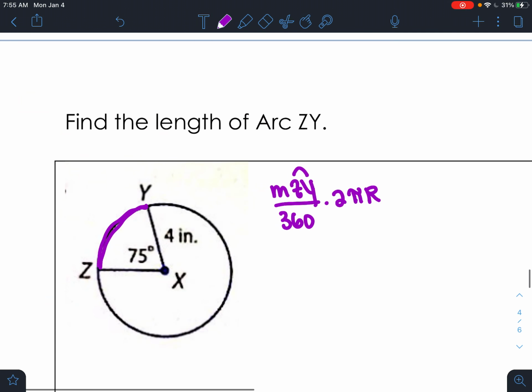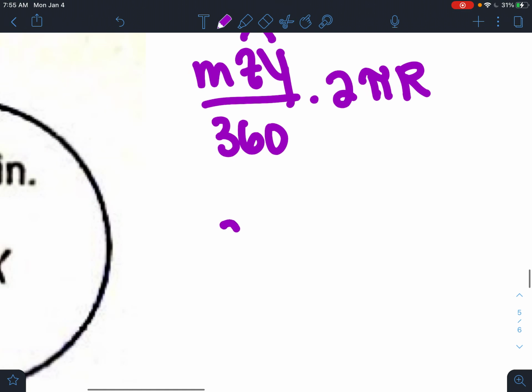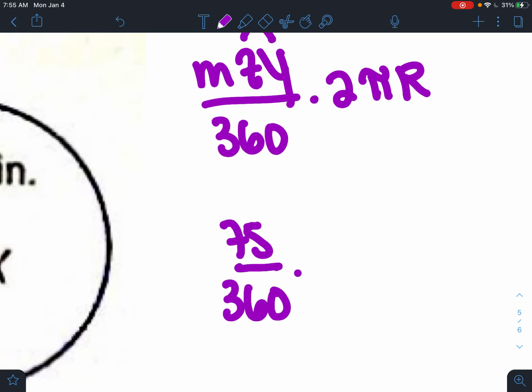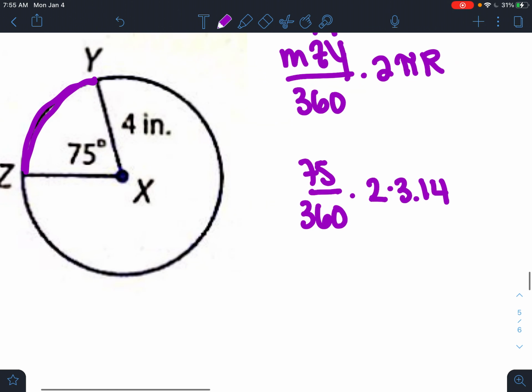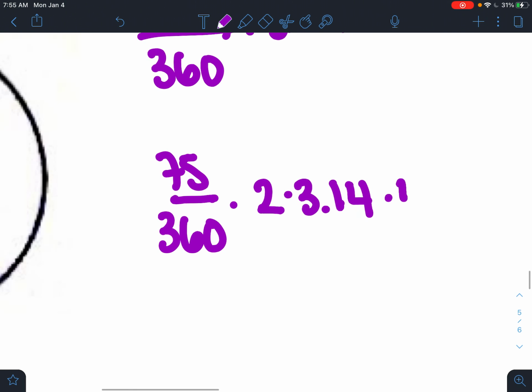We're not going to make it exact because it doesn't say exact, so we are going to make this into a decimal. The measure of the arc is 75 degrees. So I'm going to do 75 over 360 times 2 times 3.14, because I'm using 3.14 to represent pi, and my radius is 4, so times 4.